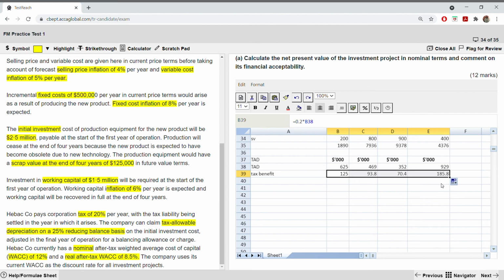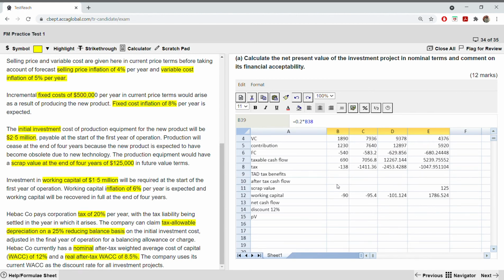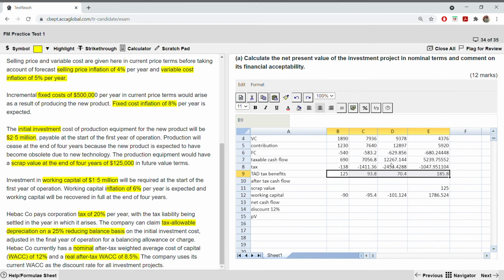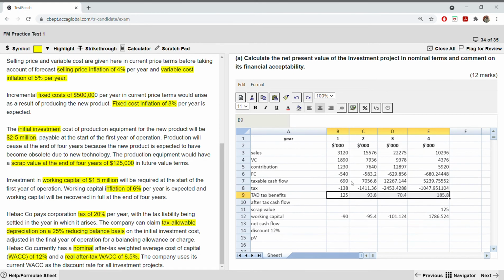Okay, just take 20% on the tax allowable depreciation, drag it. Okay, so it's the same. I'm going to copy this. Copy where? In the tax allowable benefit, but when you go paste, it's just the values. Okay, just remove the minus sign and keep everything normal.